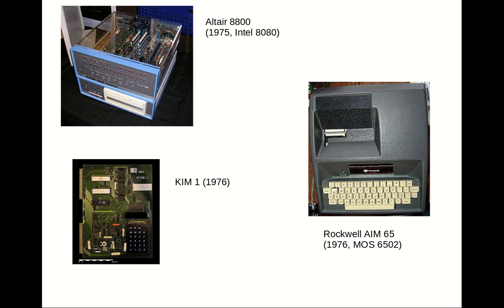As far as I know, this was distributed by the American electronics shop Radio Shack. Also, you see some other single-board computers from the early times of this microcomputer revolution. For example, the KIM-1 in 1976, which had a 6502 from MOS Technology, and also, for example, the Rockwell AIM 65 that also had the same microprocessor.